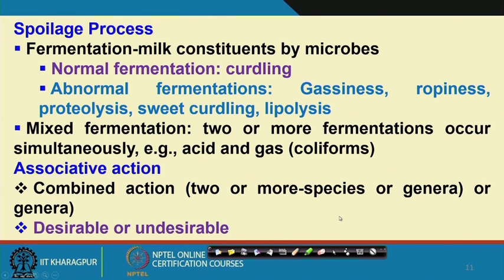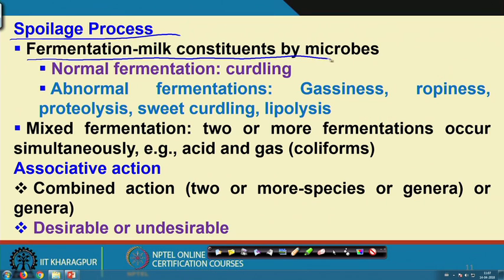Now, the spoilage process is like this: during spoilage, fermentation of milk is initiated by microbes. If it is normal fermentation, then it could be to the extent of curdling.